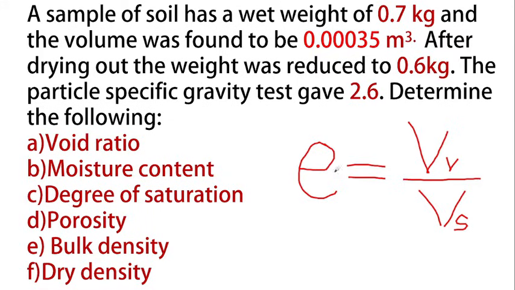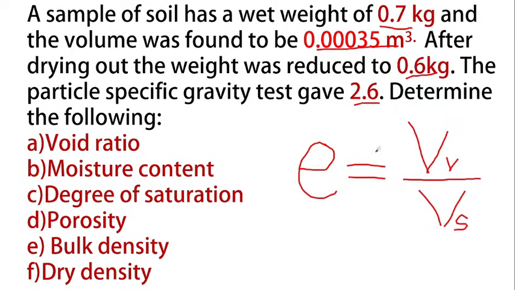So we want to find the void ratio, but we are not given the values for Vv and Vs in the equation. We are only given the weight of the wet soil, which is 0.7 kg, the total volume of the soil sample, which is 0.00035 cubic meters, the weight of the dry soil, which is 0.6 kg, and the particle-specific gravity, which is 2.6.